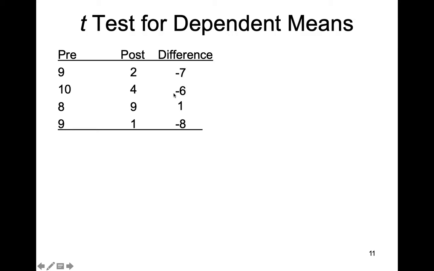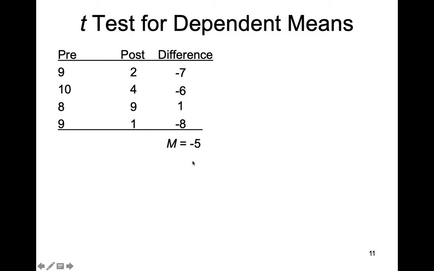So always when you're doing those subtractions, take a look at your difference scores and then take a look at your original pre and post and say, hey, does that make sense? Does that -7 make sense? In this case it does, because there was a reduction of 7 points from pre to post because of the exercise intervention. That's how we calculate difference scores. We're always going to do it in that same way.